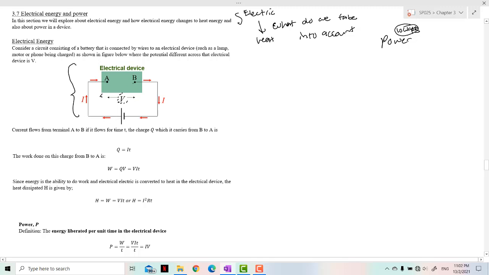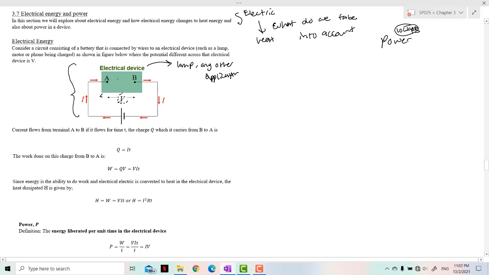So from this electrical device, contohnya kalau saya bubuh sini basically lamp, atau any other application. Asalkan it consumes the energy and converts the energy to heat, then it's a viable application atau electrical device lah.